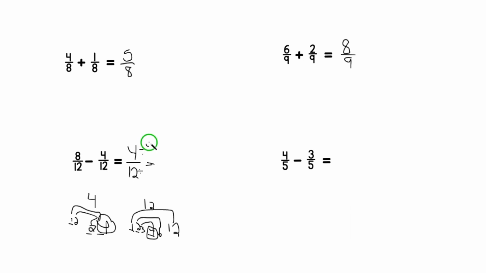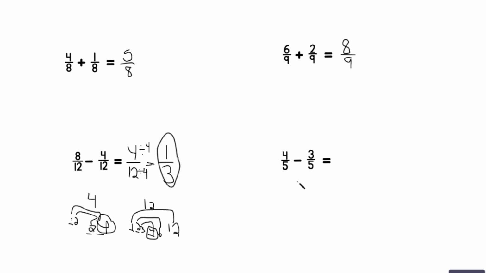Go ahead and solve that on your board. Pause this video and go ahead and solve. So 4 divided by 4 equals 1, and 12 divided by 4 equals 3. So our answer is 4/12, but it's also 1/3.